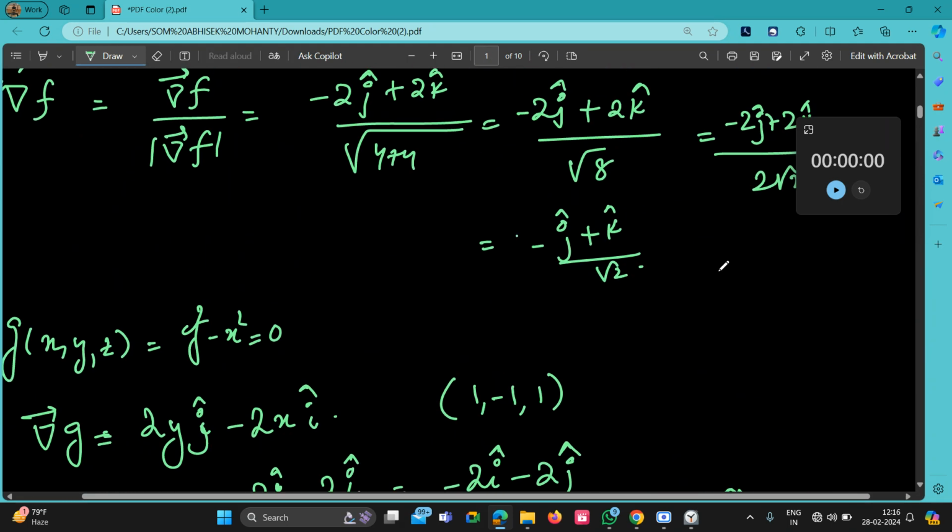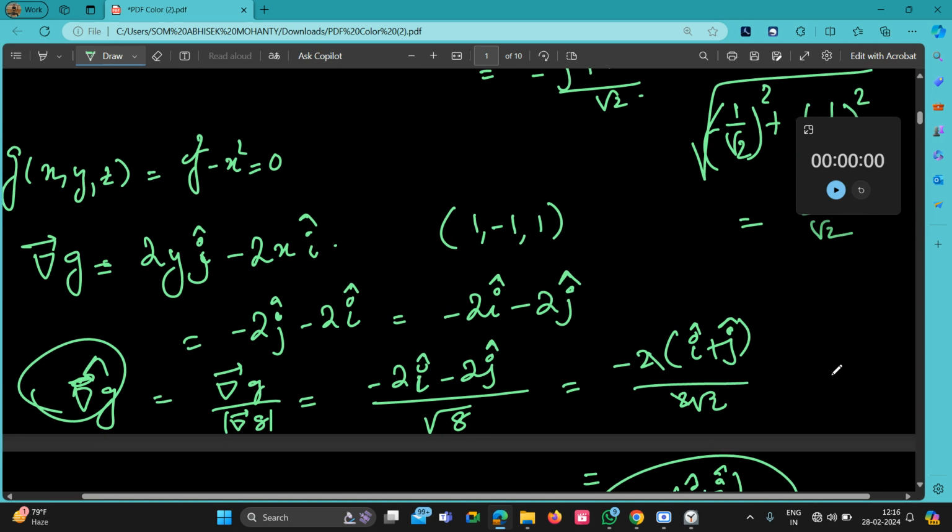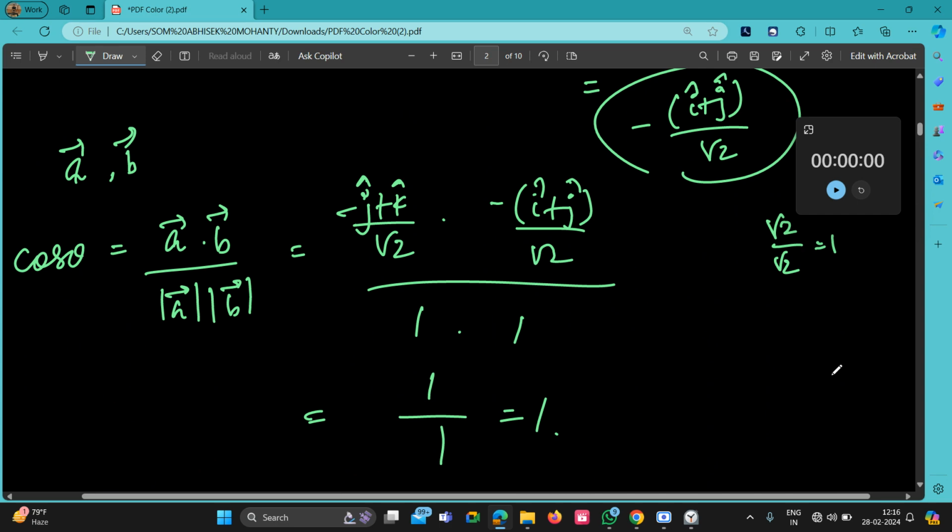If you see, otherwise, magnitude of A will be square root of minus 1 by 2 square plus 1 by 2 square, that is 1 by root 2, and this one will also be 1 by root 2, right?